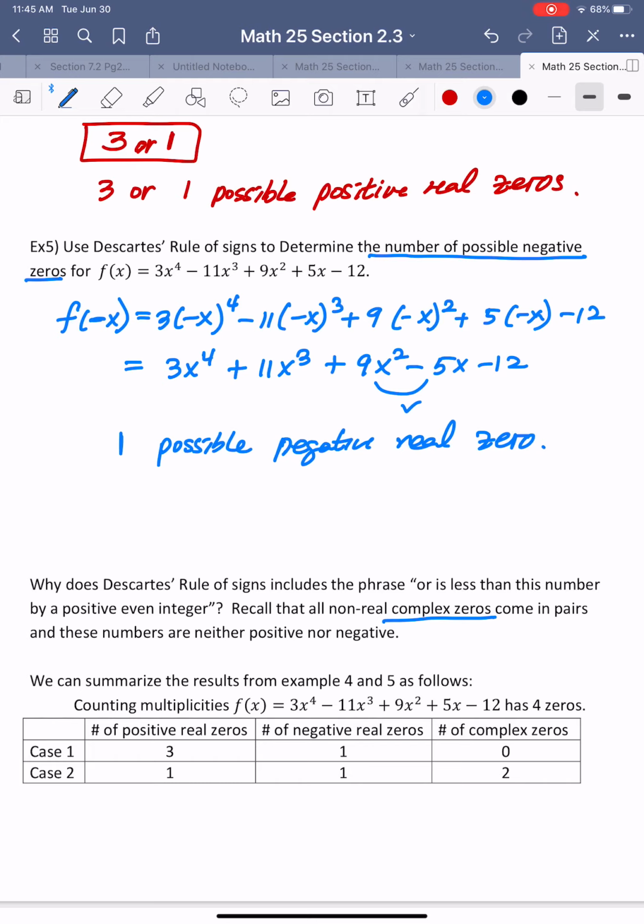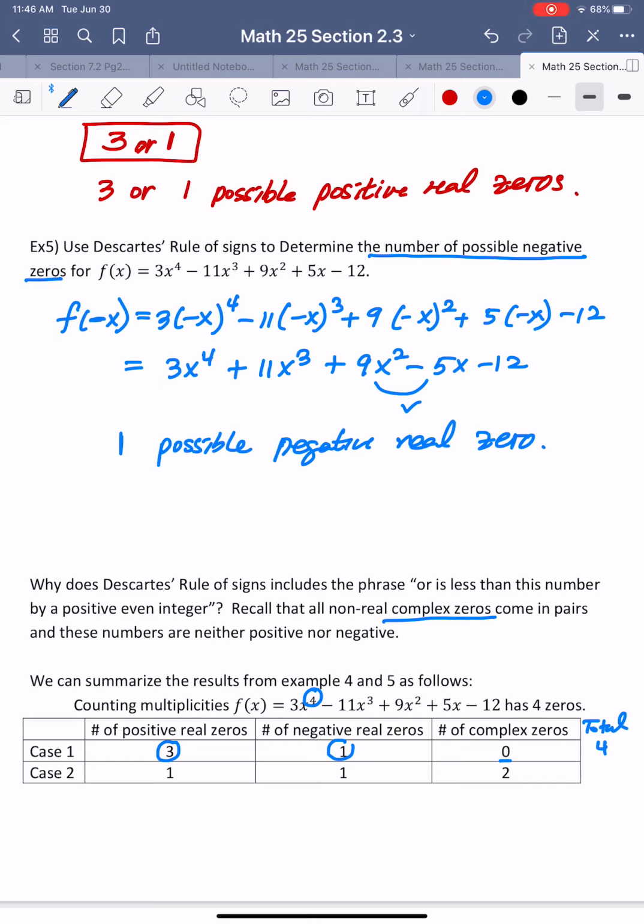So let's say you have 3 positive real zeros and 1 negative real zero, but this is a degree of 4, right? So the number of zeros must equal 4. So the total must be 4. So yes, 3 plus 1. In that case, there are no complex zeros because 3 plus 1 already makes 4.